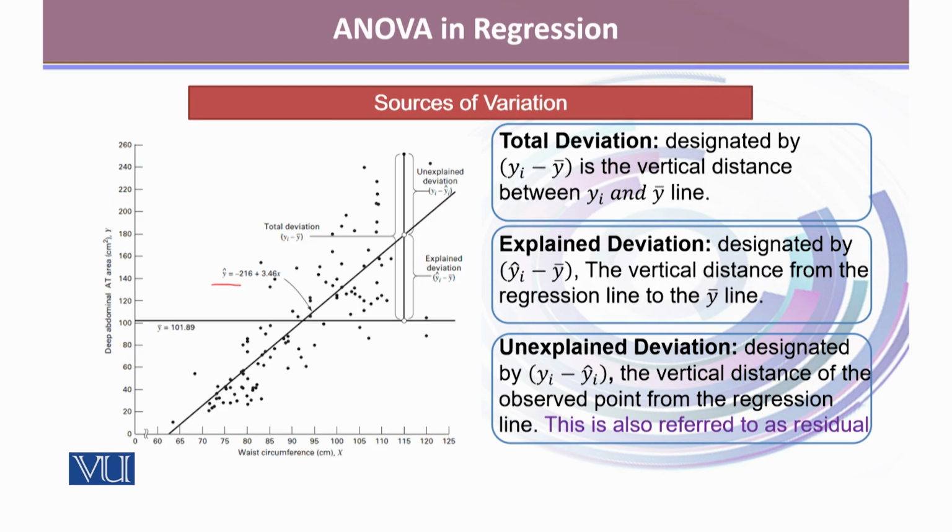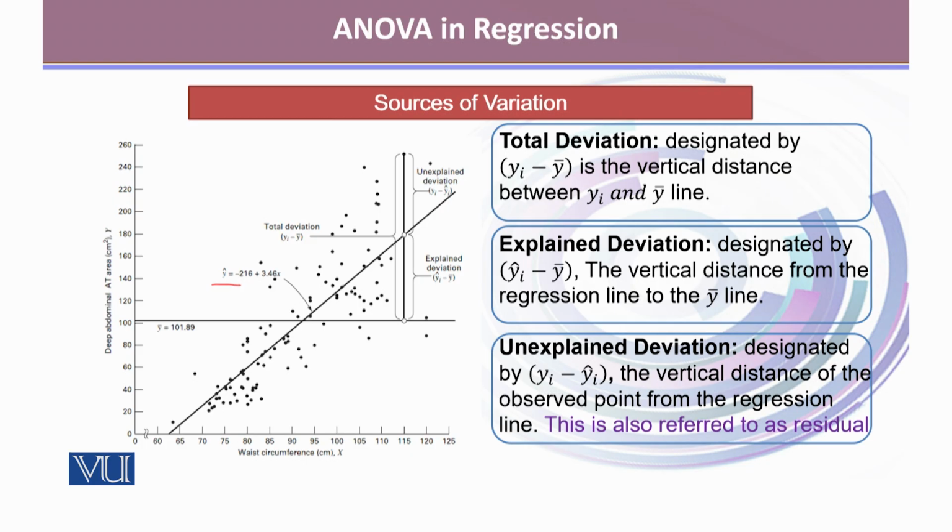And the third type of deviation is unexplained deviation. So the total deviation is actually split into two types of deviations, explained and unexplained. Since explained deviation is yi hat minus y bar, unexplained deviation is the vertical distance of observed points from the regression line, which is also referred to as the residual, and it's expressed as yi minus yi hat.